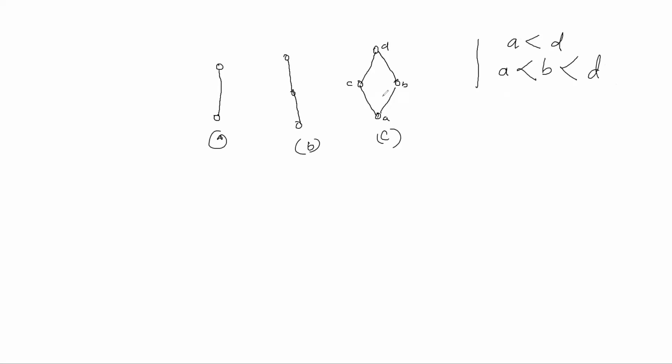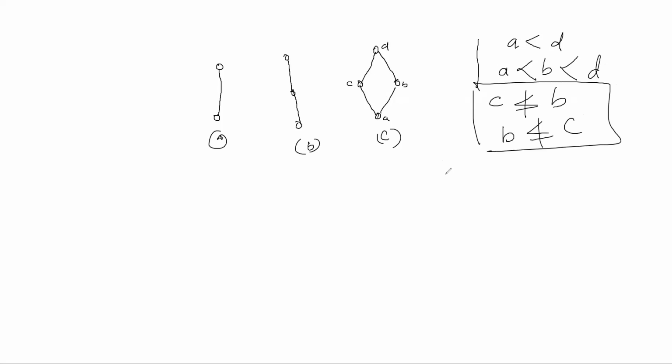Similarly, you can also go this way. But C and B, there is no relation between C and B. Neither C is related to B nor B is related to C. So from the Hasse diagram itself, you can just recapture whether the elements are related or not.